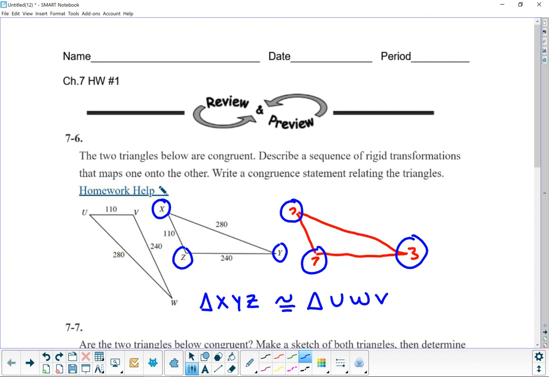Describe a sequence of transformations. So what did I do? I flipped it and then I rotated it. That's pretty much what I did.